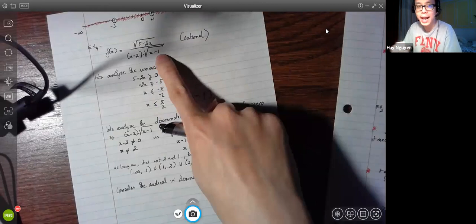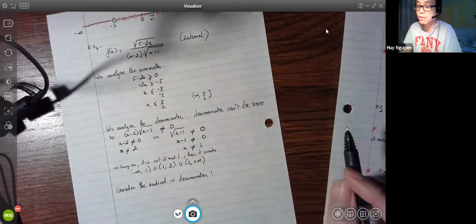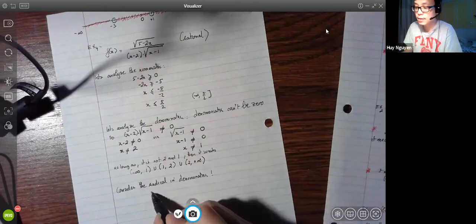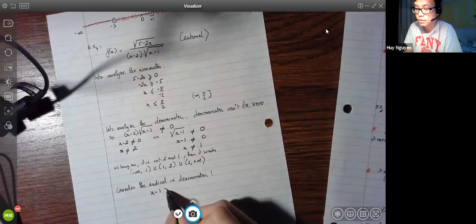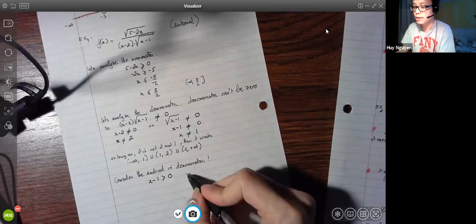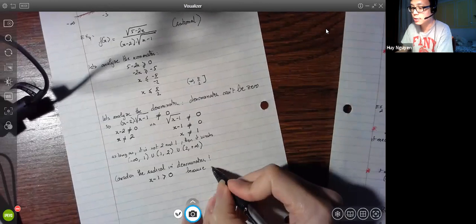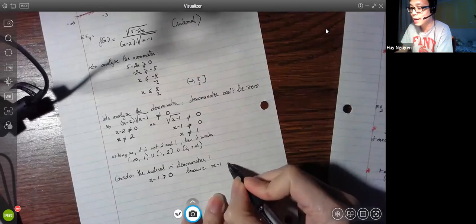So we cannot set it greater than or equal to 0 anymore, but only greater than 0, because x minus 1 can't be 0.